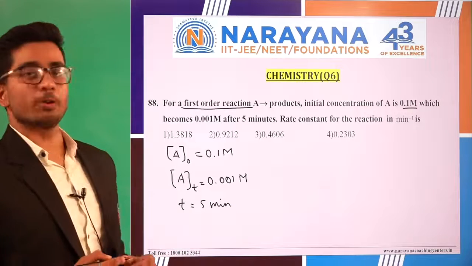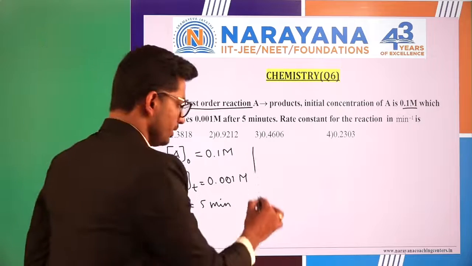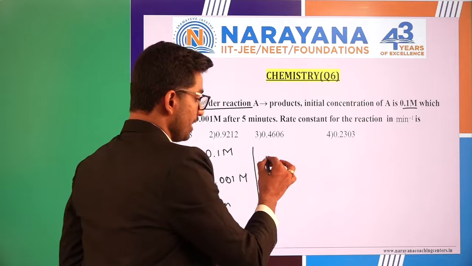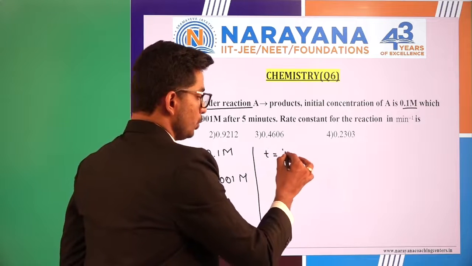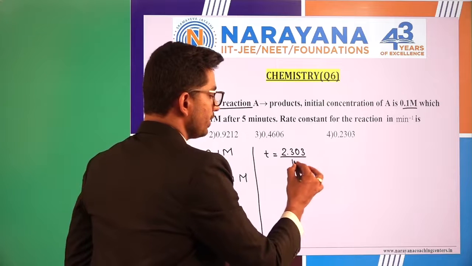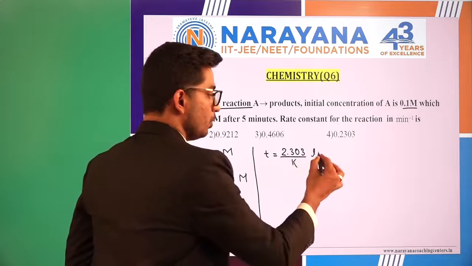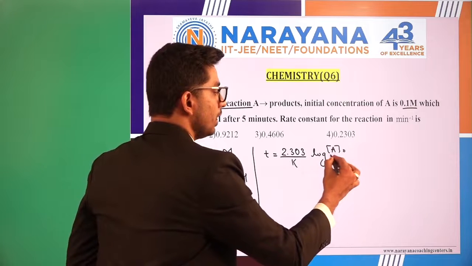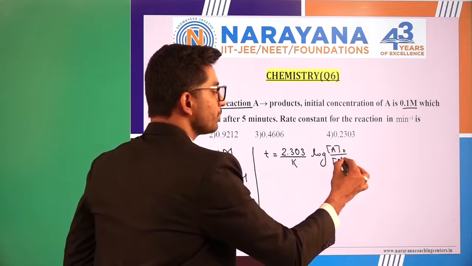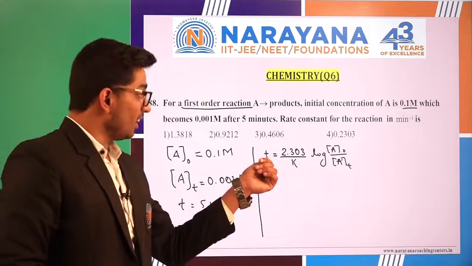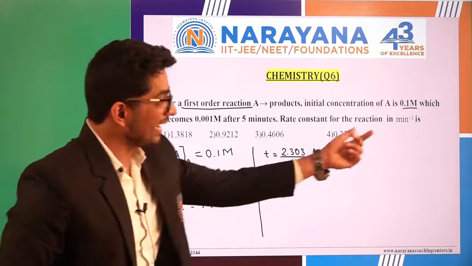So we need the rate constant. We already know the formula for first order kinetics: t equals 2.303 upon rate constant k into log of A naught upon A t. That is the expression for first order kinetics. We know the time here, and we have to get k in minute inverse.